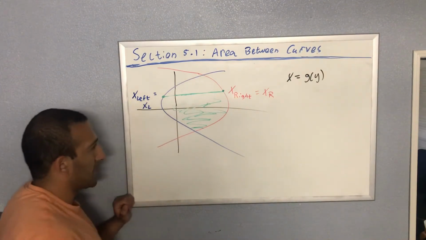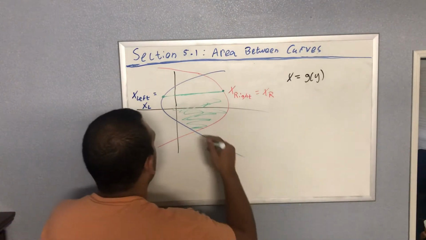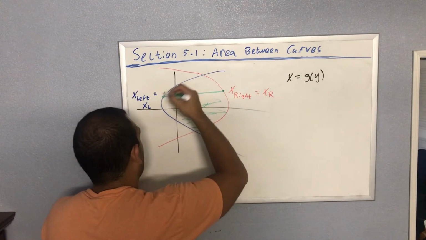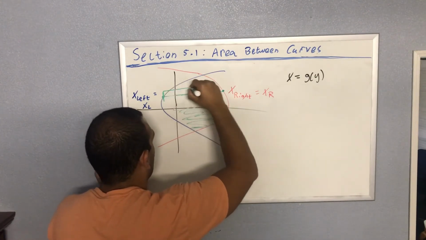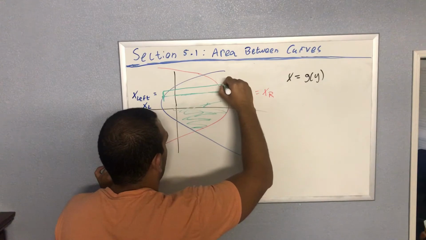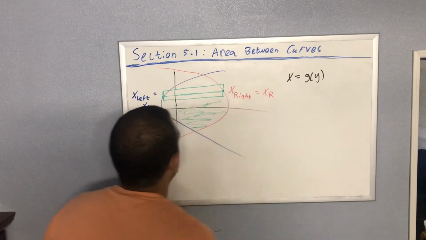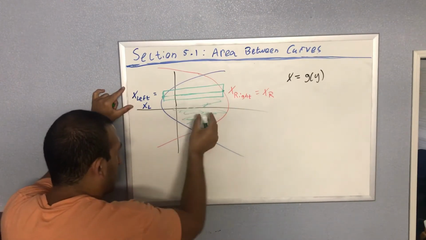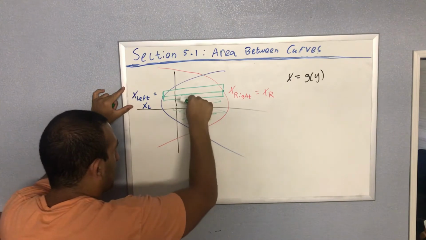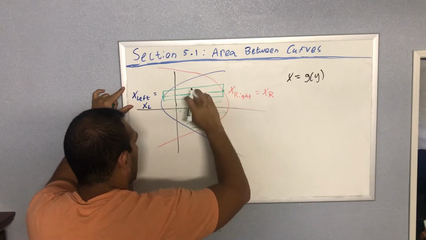You can think of it as base or the height, it's up to you, but it's one of the dimensions of the rectangle. And then you're going to make the rectangle have a certain width. And the width, instead of being a delta x, notice that it goes in the y direction. It's not a left and right thing, it's an up and down thing. So this is actually a delta y.